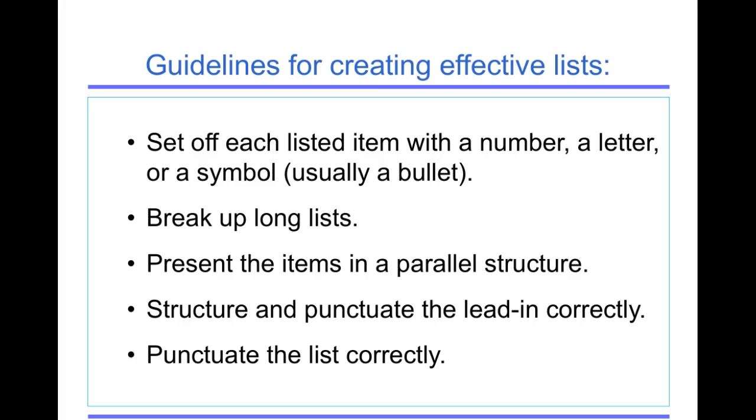I feel like numbers just seem a little bit more specific. Break up long lists. If you've got a list of 20 items, break them up into four or five sublists with various headings. That makes it easier for the reader to find information and to understand the connections between different items.